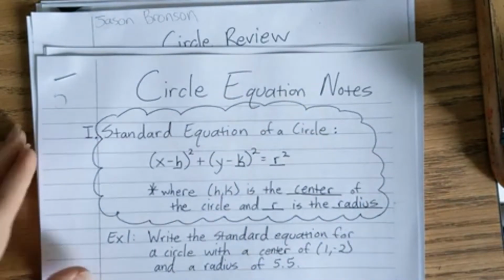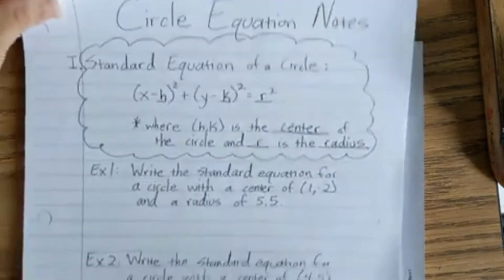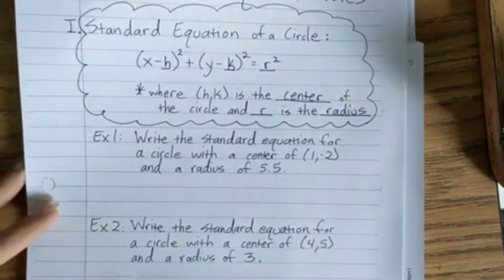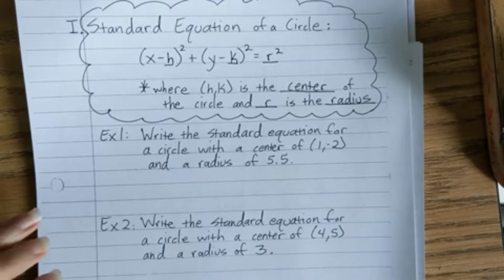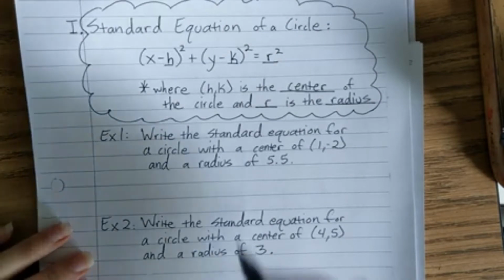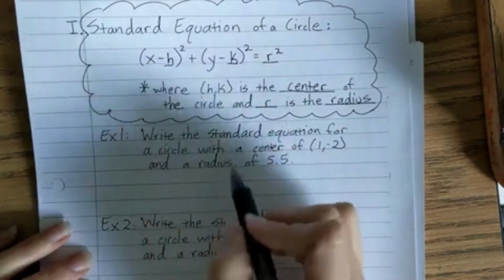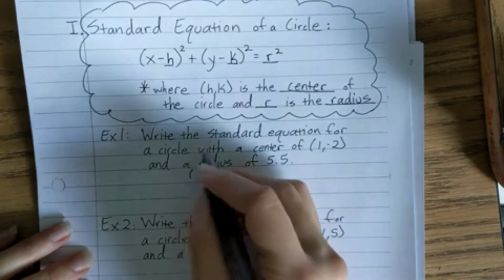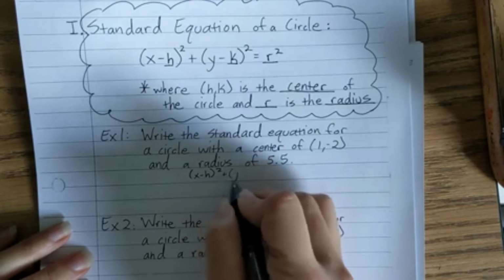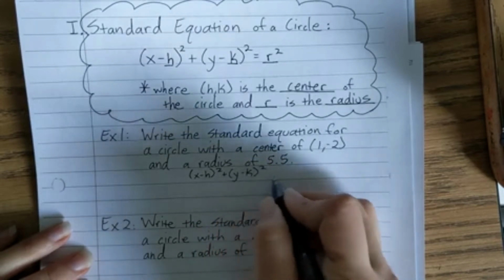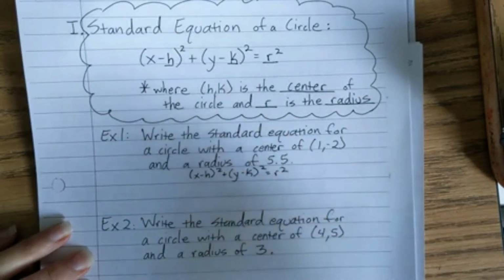Okay, so let's do a problem with that. So we move down here, example 1. It says write the standard equation for a circle with a center of (1, −2) and a radius of 5.5. Well, let's write the equation so we have a format here. My standard form equation is (x − h)² + (y − k)² = r².